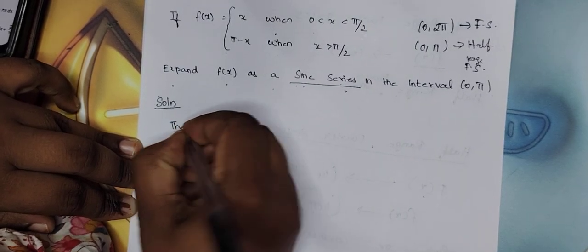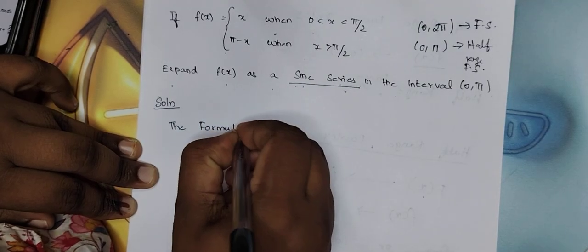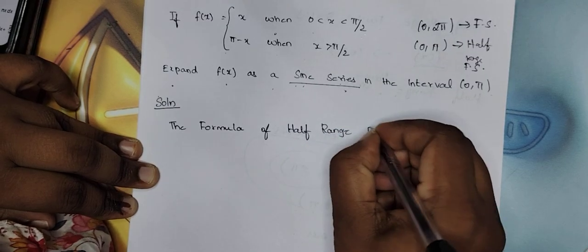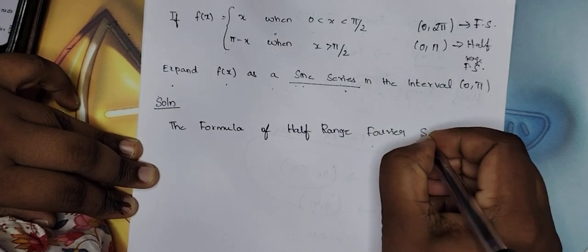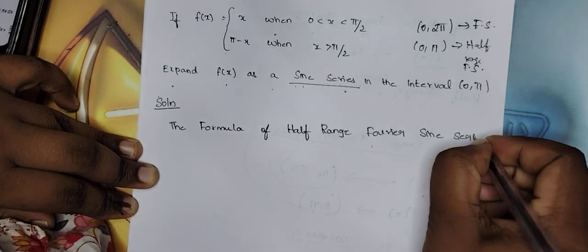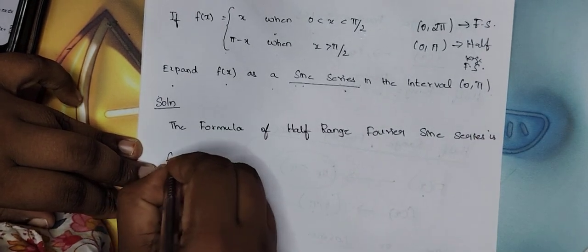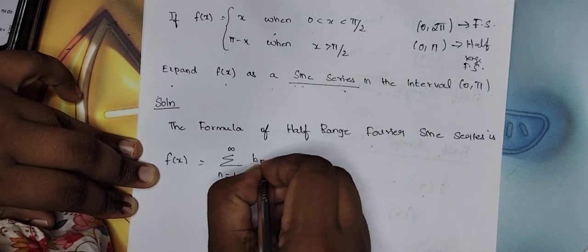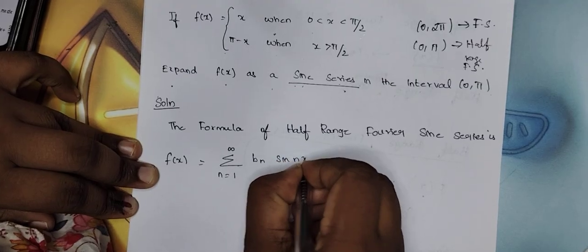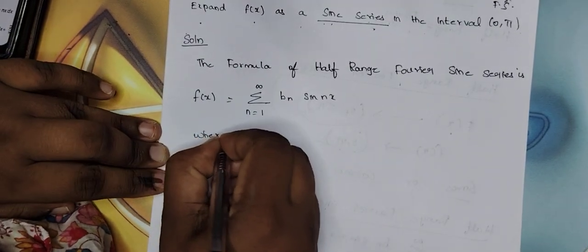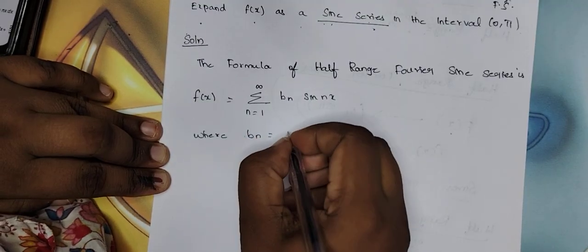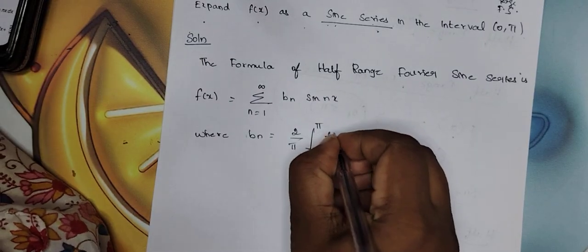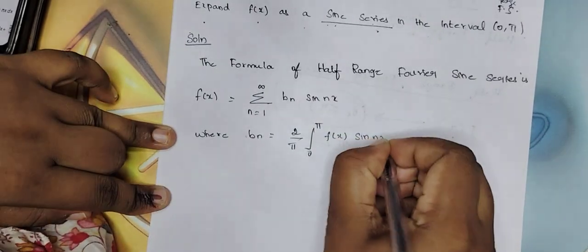The formula of the half range Fourier sine series is f of x equal to sigma n equal to 1 to infinity bn sin nx, where bn is nothing but 2 by pi integral 0 to pi f of x sin nx dx.